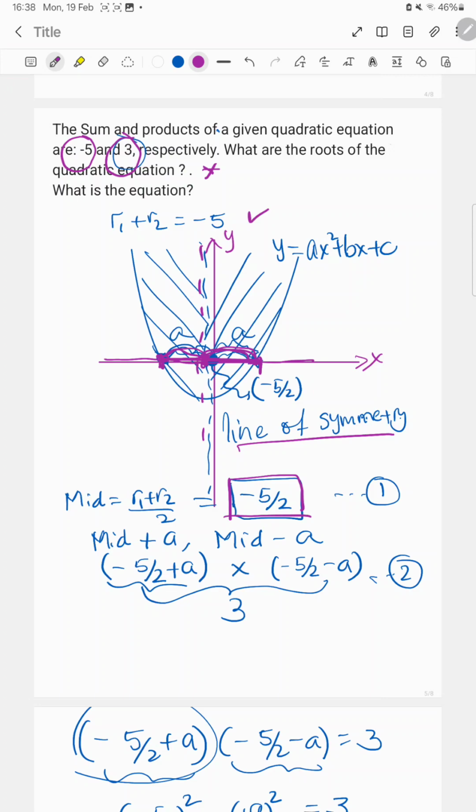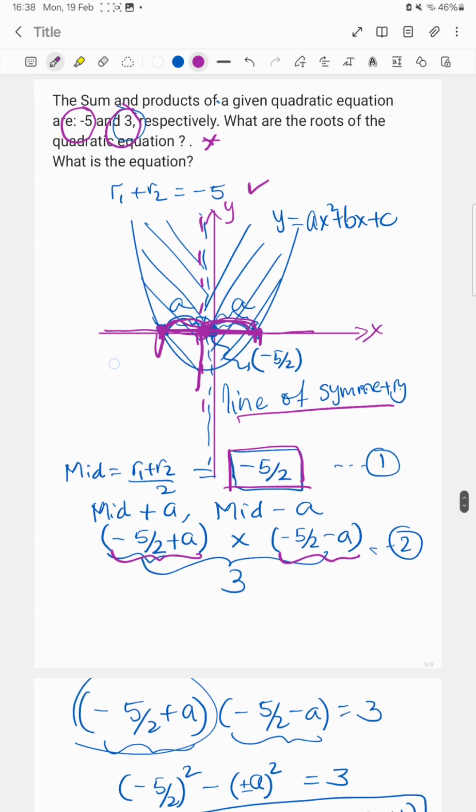Then, once we have the center, we can say the center point plus a and the center point minus a are the two roots of the given quadratic equation. That is a fact we have done before. So these are the two roots of the given quadratic equation.